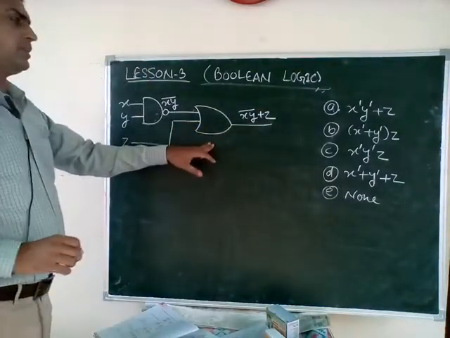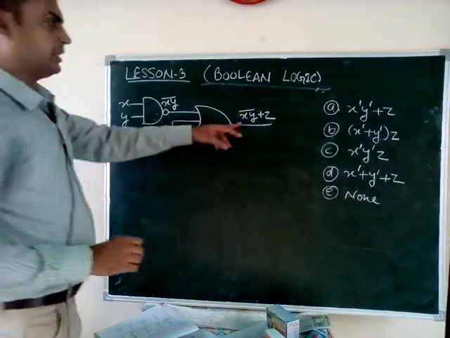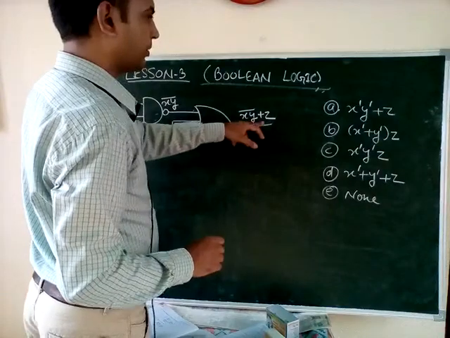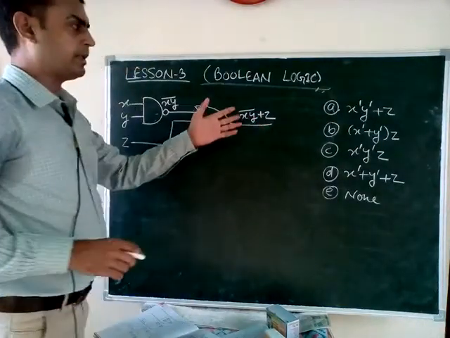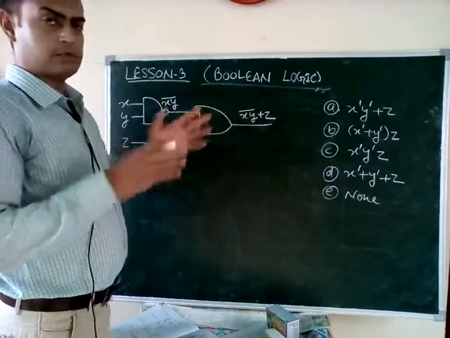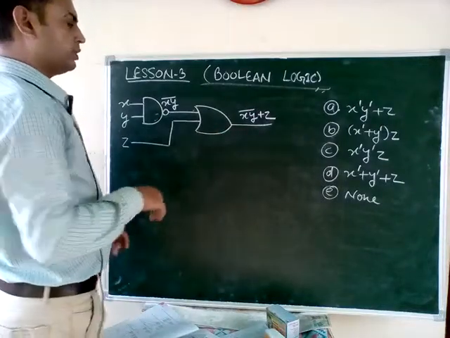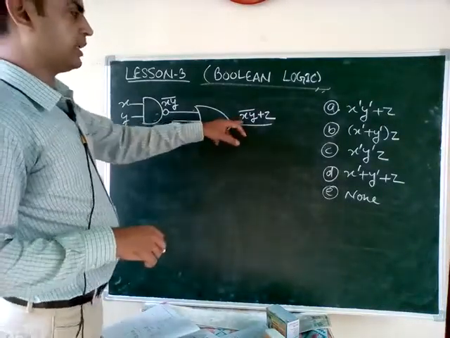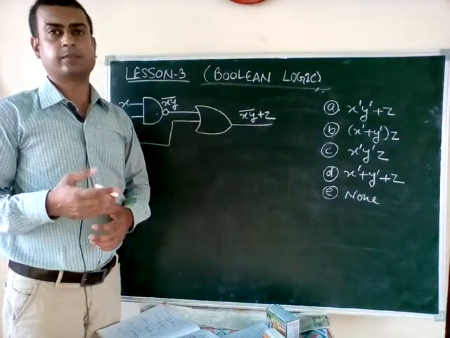You can see x bar y bar plus z, but this is not a separate bar, it means this bar is on both x and y. This is not a separate bar, so this option is not true. So what will you do? You have to use De Morgan's theorem here. What does De Morgan's theorem say?